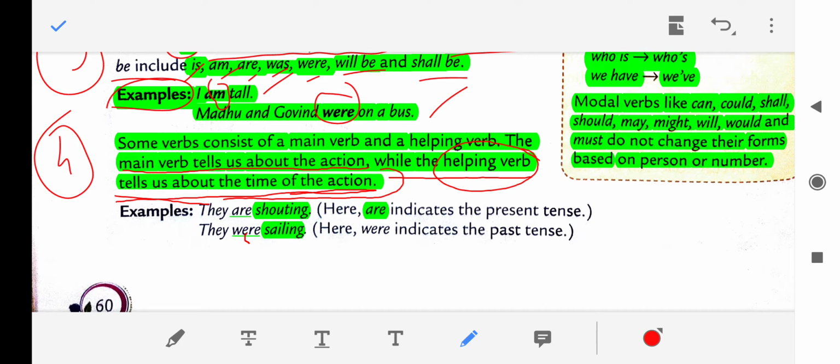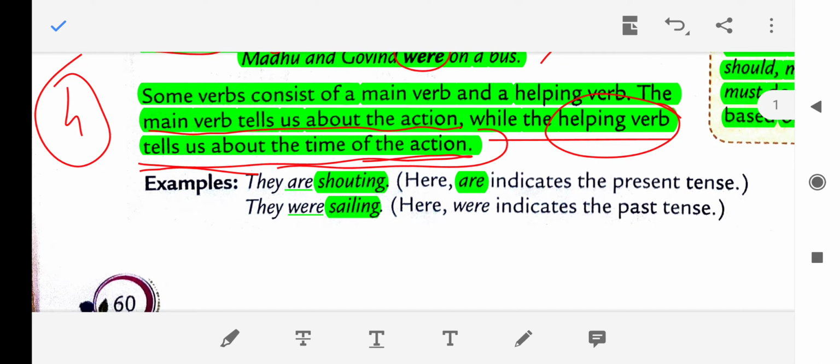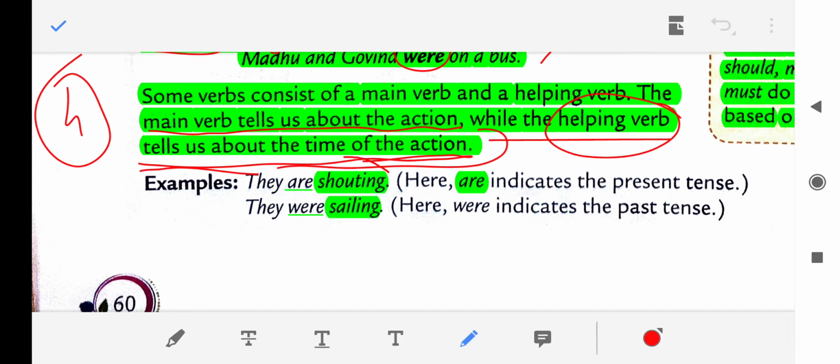Like, they are shouting. Now the word shouting is the main verb. It is suggesting that some people are shouting. But whether they are shouting in the present tense, past tense or future tense, this word are is the helping verb here.